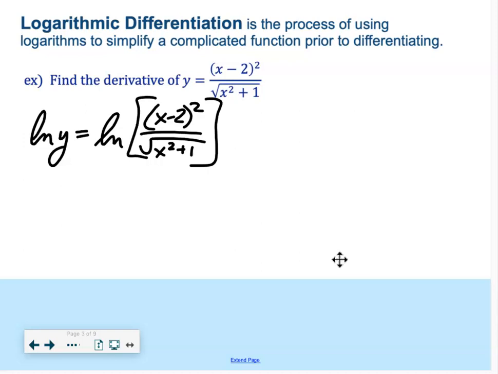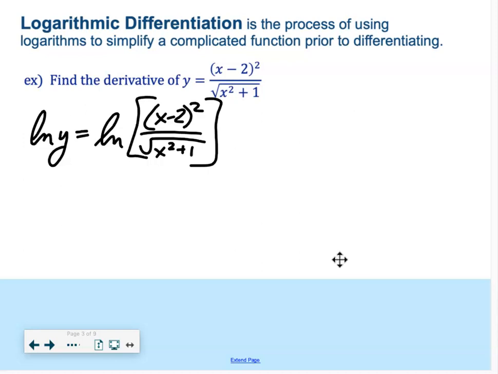So I've taken the natural log of both sides. Why would I do this? Because on the right, I could break it up. I could totally expand that log.